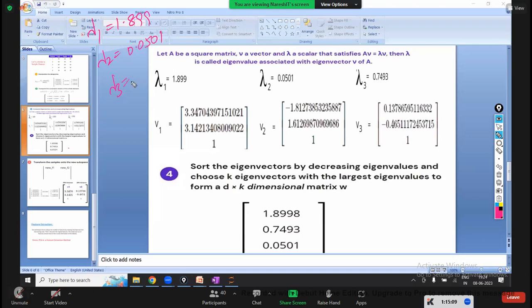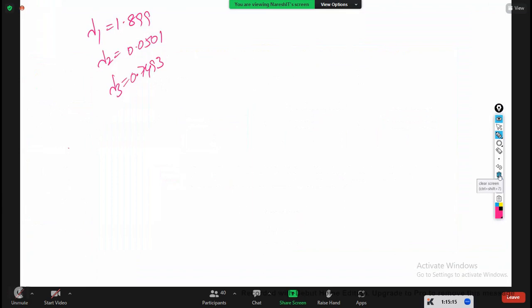The third lambda value is 0.7493. After calculating these 3 lambda values, we look at the percentage contribution of lambda 1, lambda 2, and lambda 3. Now I want the individual percentages.